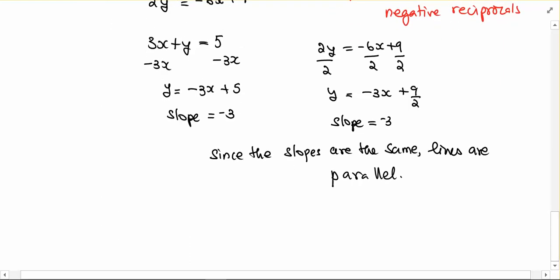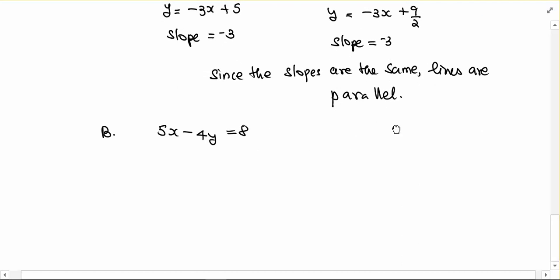Let's do one more of that type, B. This time we'll use the pair of lines 5x minus 4y equals 8 and 4x plus 5y equals 10. Let's solve the first one for y. First I'm going to subtract a 5x.